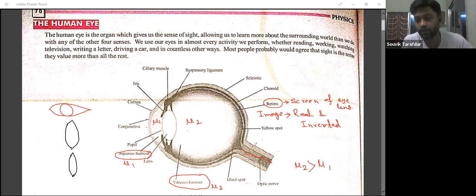The image actually formed on the retina passes in the form of an electromagnetic signal through the optic nerve and reaches our brain. In the brain, it actually reverses again and we can see it erect.